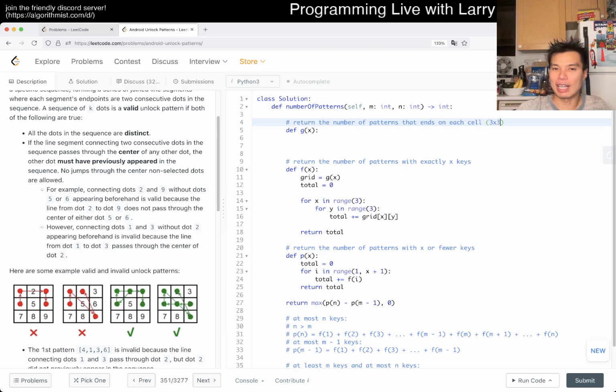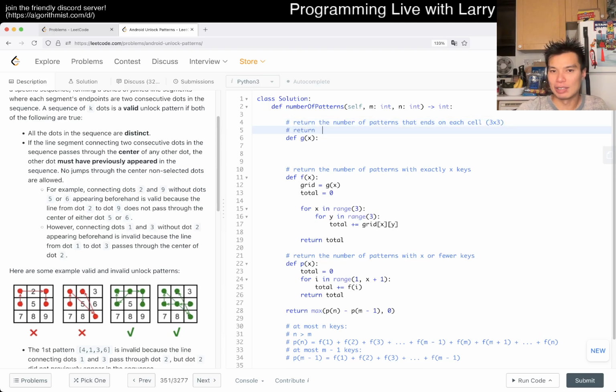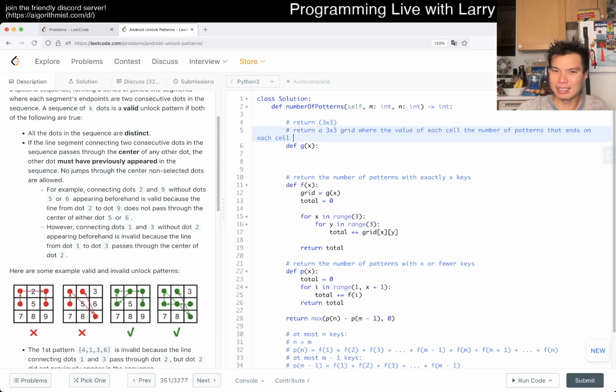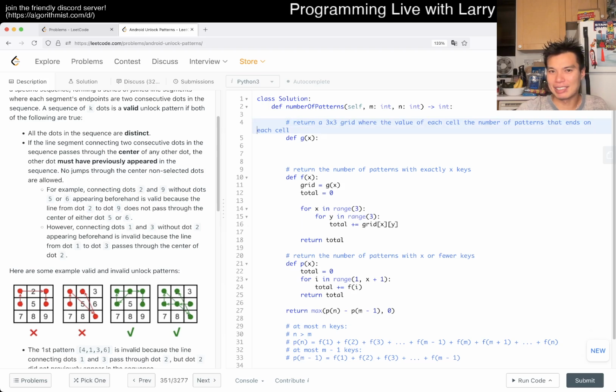So now this should return a 3 by 3 grid where the value of each cell is that count. I think I'm saying this a little bit awkwardly, but hopefully that makes sense. Hopefully with code you'll see, right?